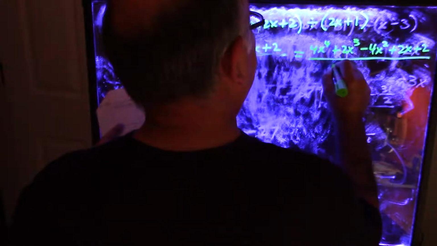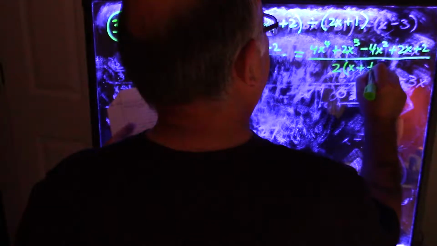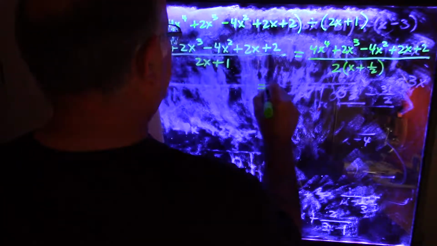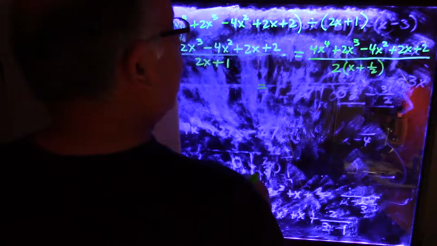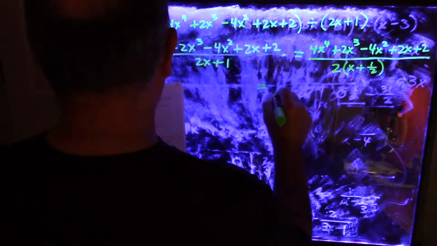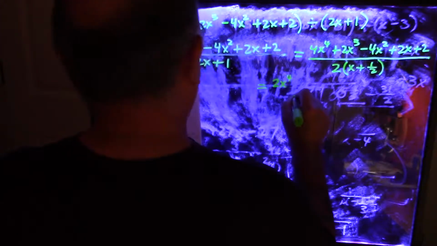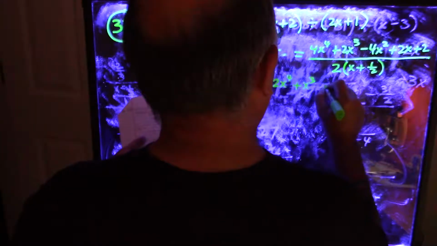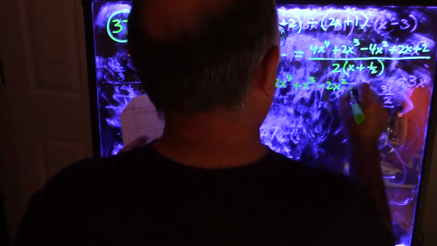Factor out the 2 on the bottom, the divisor here. That leaves you with x plus a half. And so now you can divide the 2 into the coefficients in the numerator. So you're going to get 2x to the 4th plus x cubed minus 2x squared plus x plus 1.